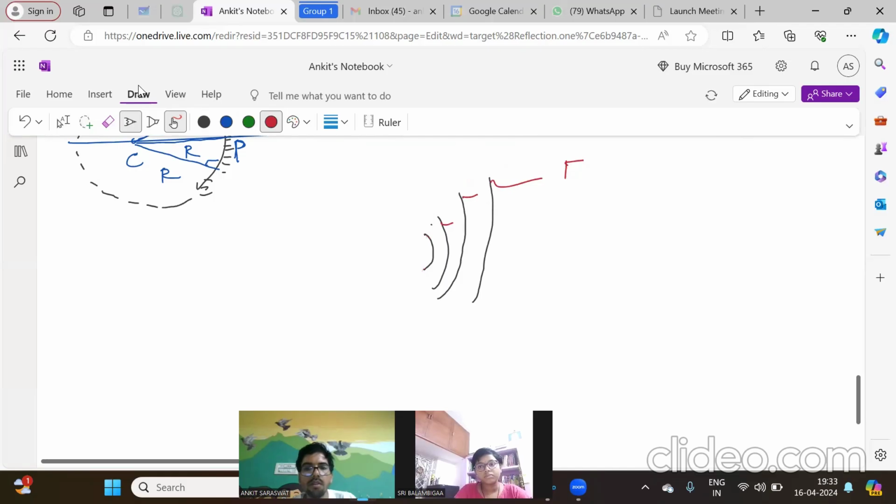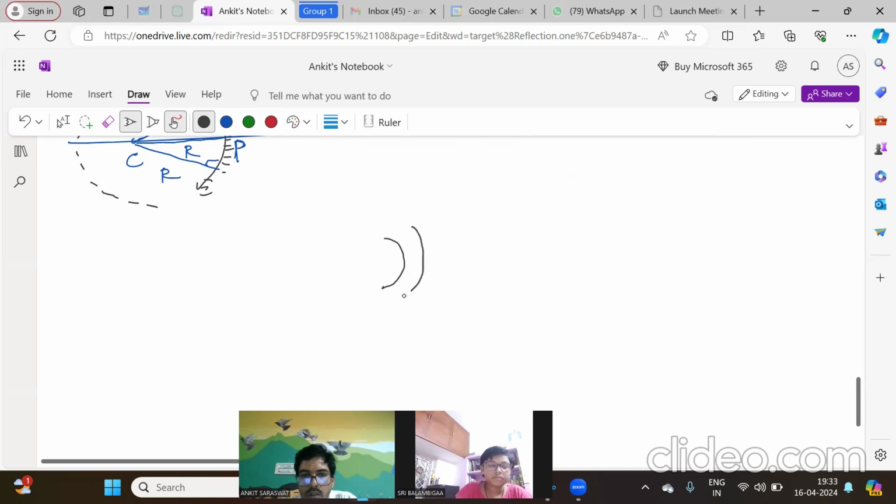Again I am telling what is the meaning of flatness. See the surface of the mirror. See, this surface is more flat.